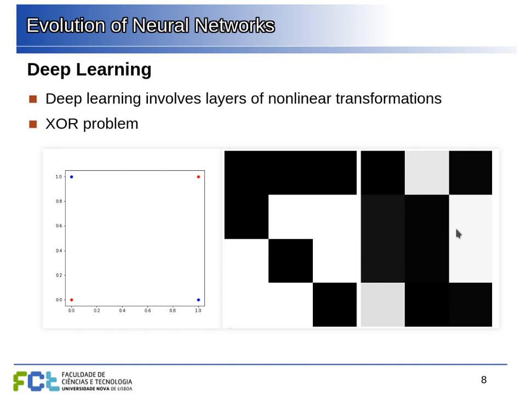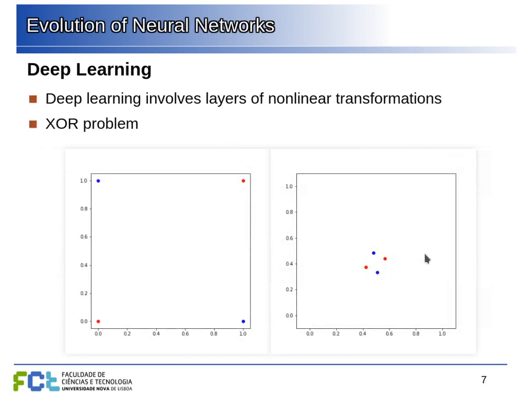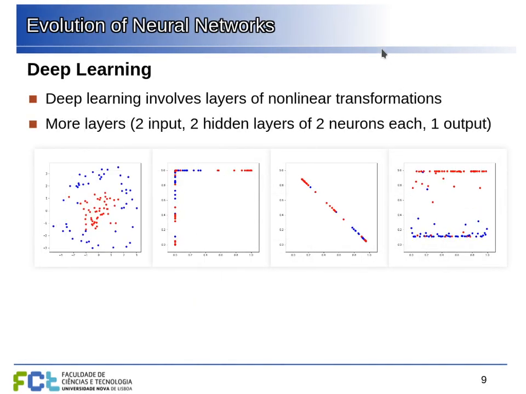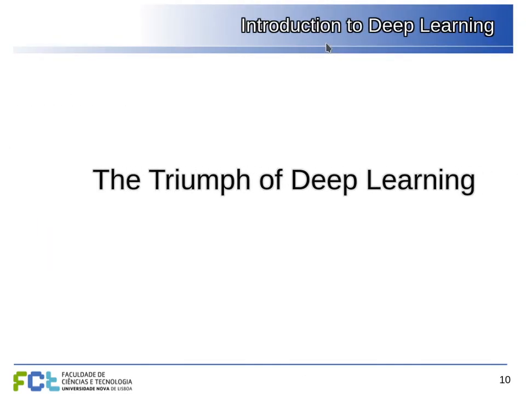So this creates a different representation where linear classification is possible. This is just a very simple example with one hidden layer, but if we have more complex data, we can add hidden layers, and as the representation changes, it becomes easier and easier to solve the problem at the end of the network.